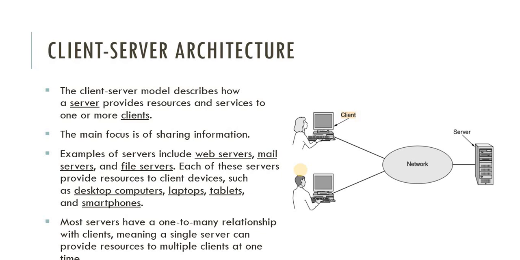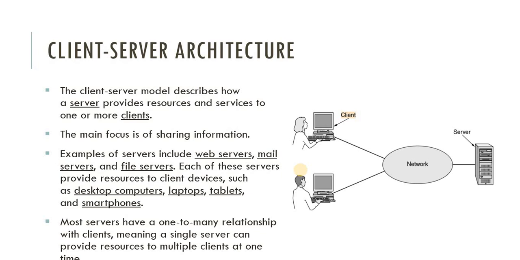So the client-server model is applicable when the client and server are both in the same building, but also when they are far apart. So this model is very important, because if we are in the same location we can use client-server, and if we are far from each other, then in that situation we can also use the client-server model.